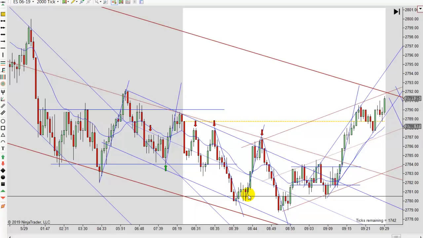There are two things that usually cause congestion. One is indecision. The market's not sure where it's going or what it wants to do, the buyers aren't really convinced and the sellers aren't really convinced, and you just got equilibrium there. But sometimes you start to get equilibrium at turning points. So you will see these congestion areas at turning points.